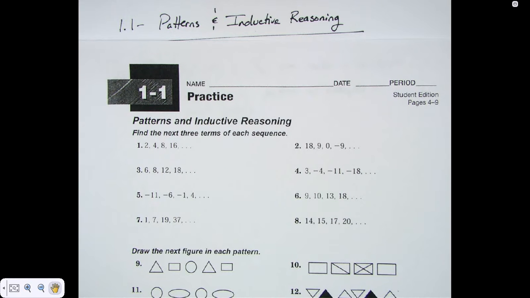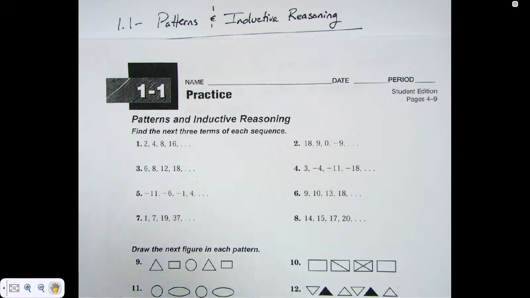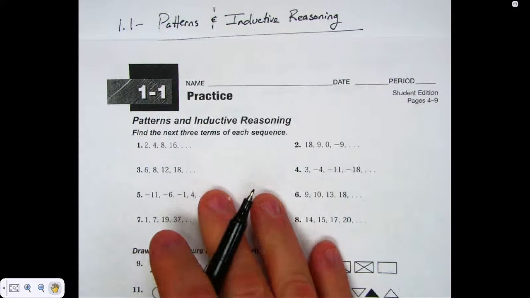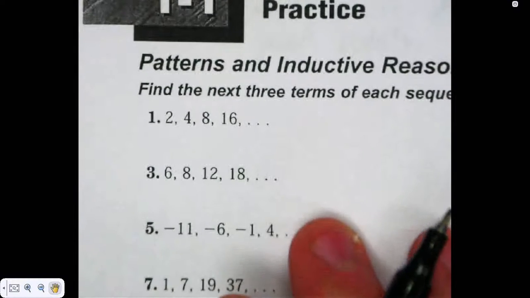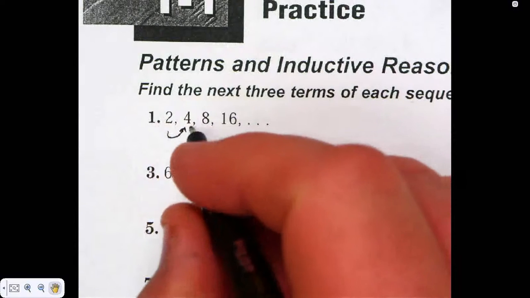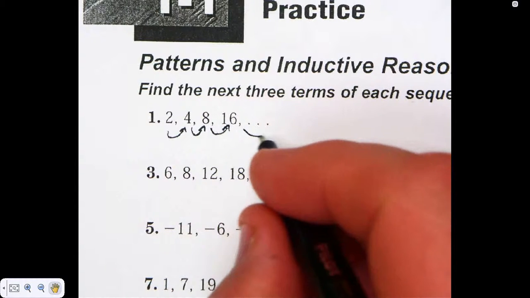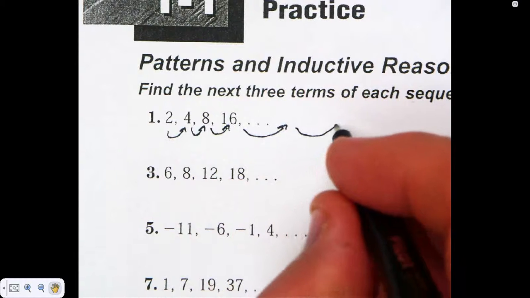We've got to see, hey, what are the next 3 terms of this sequence? The first thing that happened, you started with a 2, right? Is everybody with me? What then happened? The 2 in the next sequence became a what? Then a 4 became a what? Then an 8 became a 16. And they want to tell you what the next 3 are going to be.